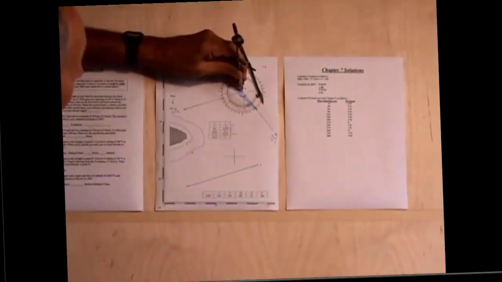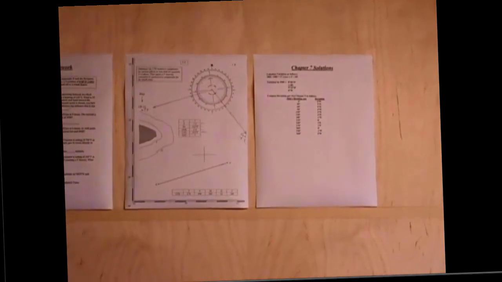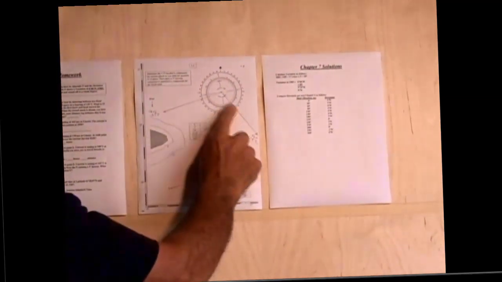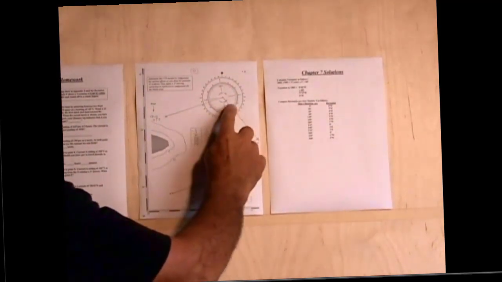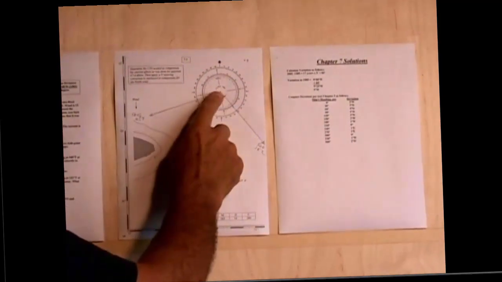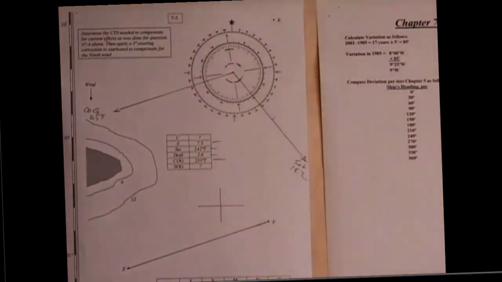I'm going to put that on the current vector, and that represents current speed. Remember, this side of the triangle represents the current direction and speed. This side of the triangle represents course over ground.